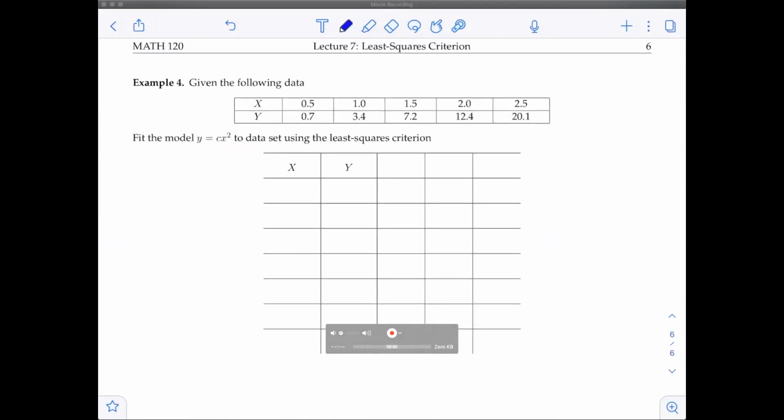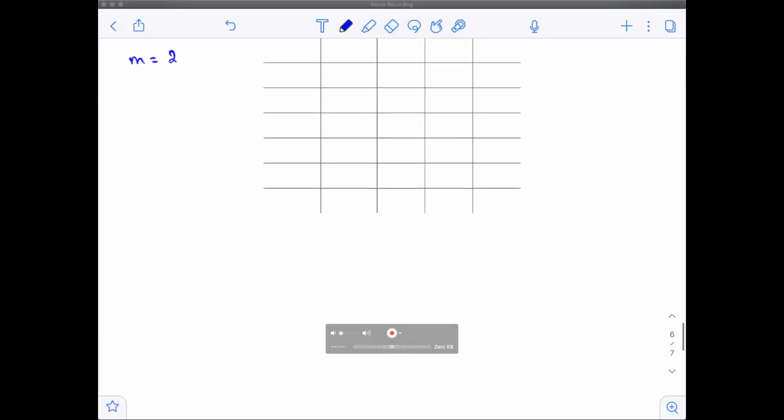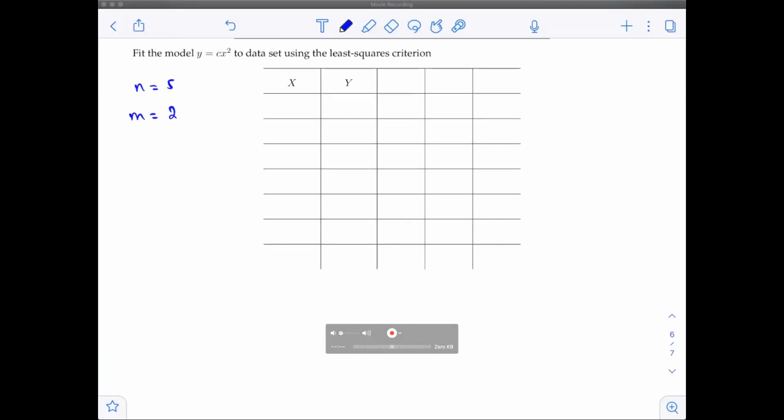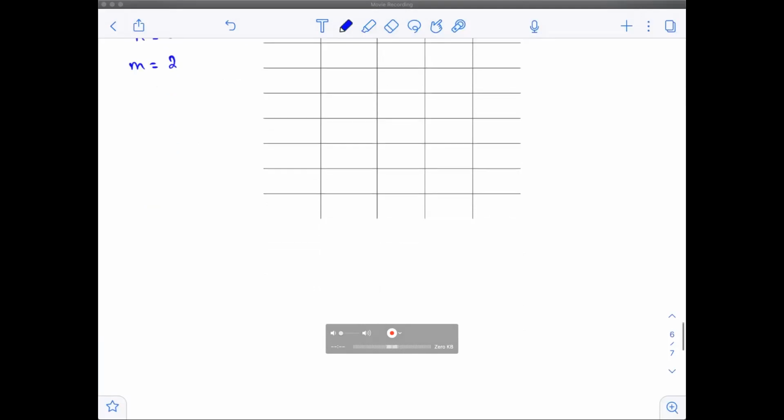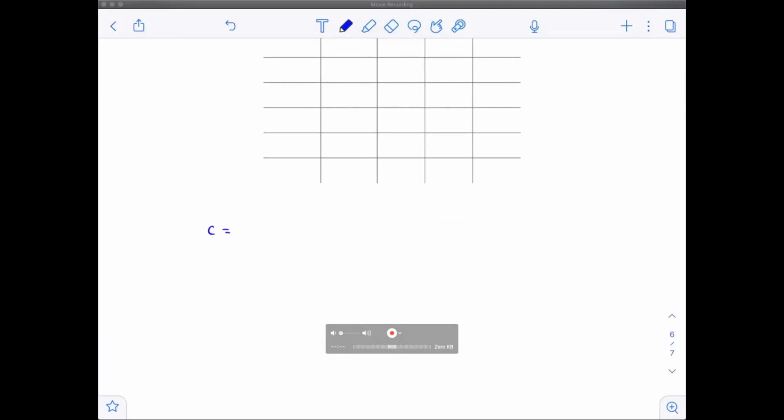So here n is equal to 1, 2, 3, 4, 5, and the power m is going to be 2 in this particular case. We also have a table of values, and we're going to fill out the information of the table later on. But let's write down the formula for c.